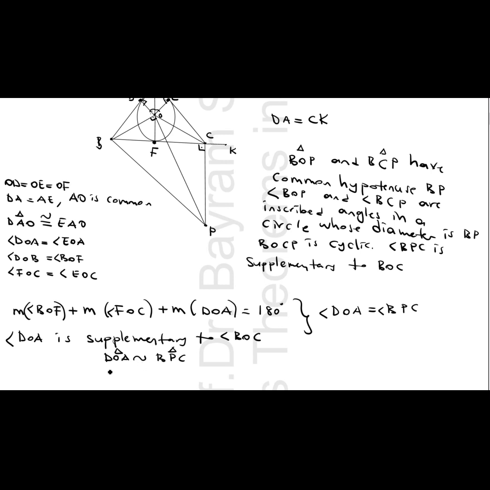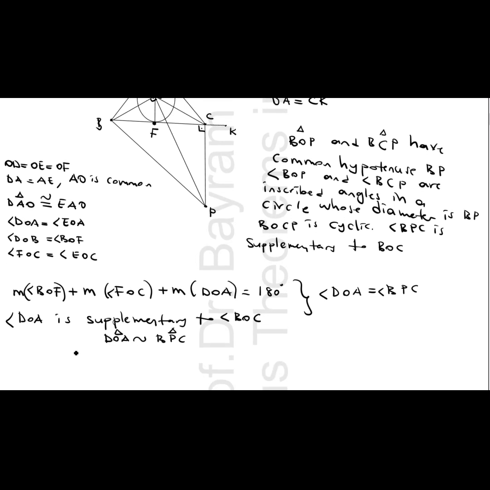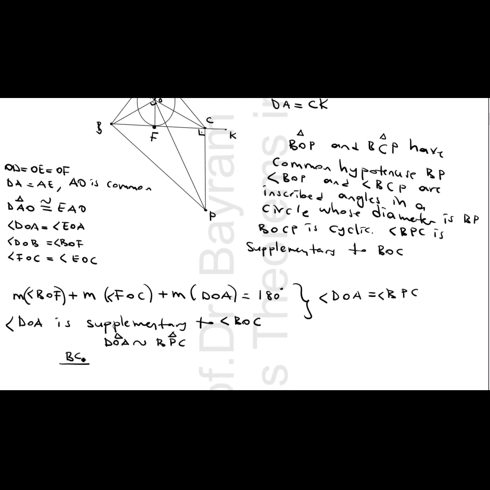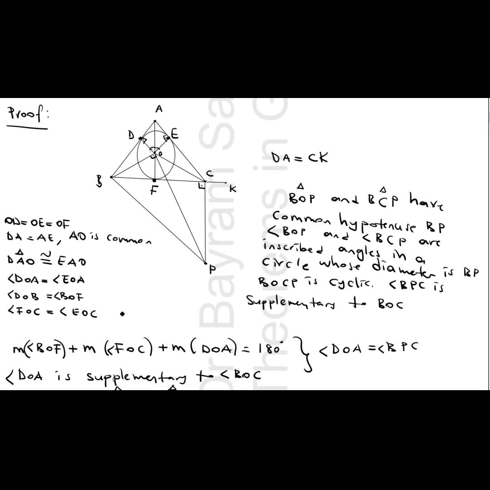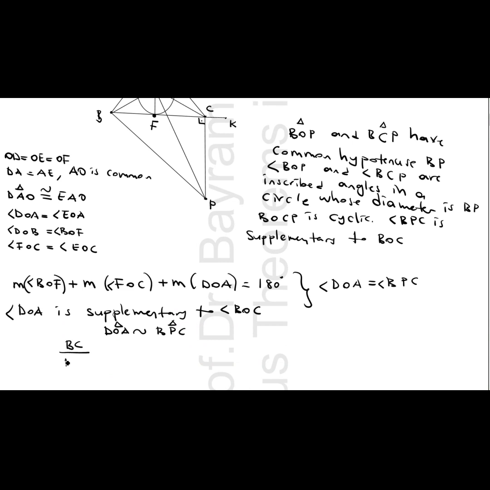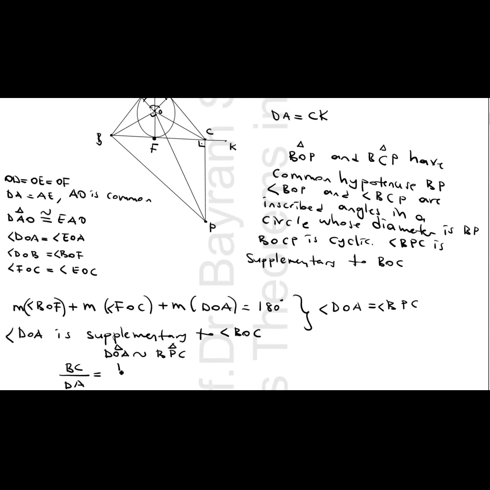So from this we can write BC over DA equals PC over DO.